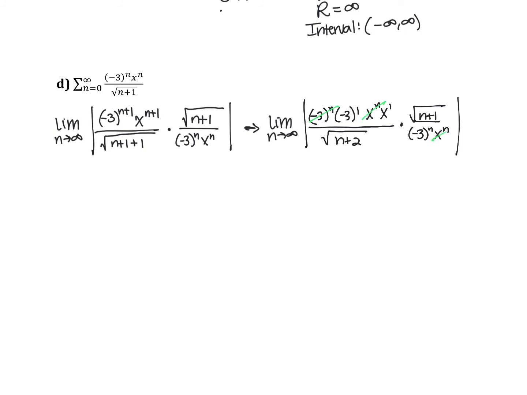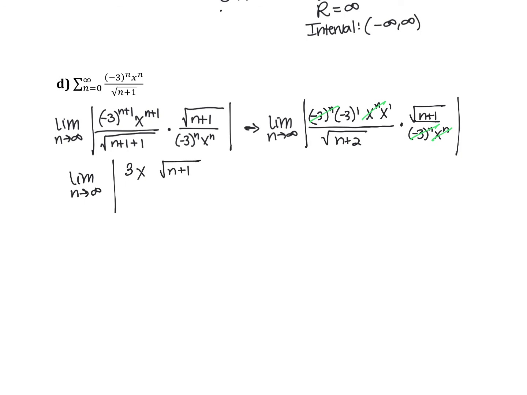I've got some of these that cancel out, so that's pretty nice. So now I'm going to take the limit as n approaches infinity of, what do I have left? I'm going to go ahead and put that as positive 3x. I'm going to put it as positive 3 because it's the absolute value, so that negative 3 won't matter.